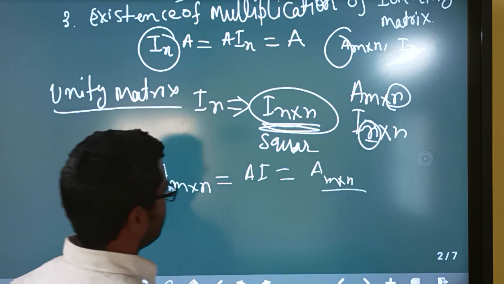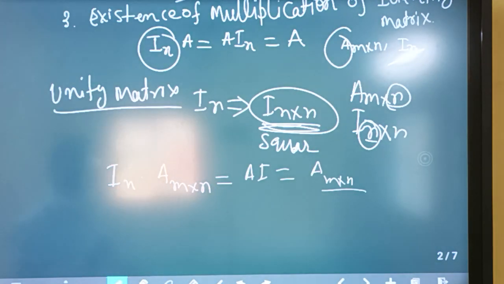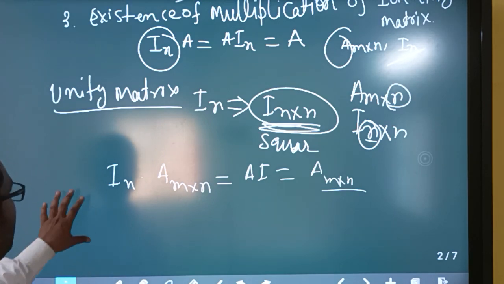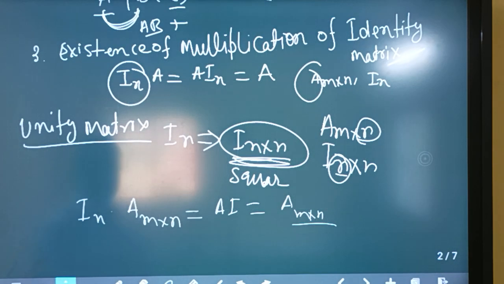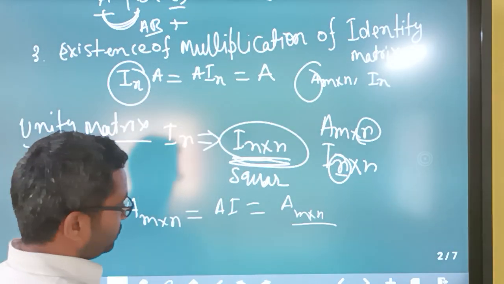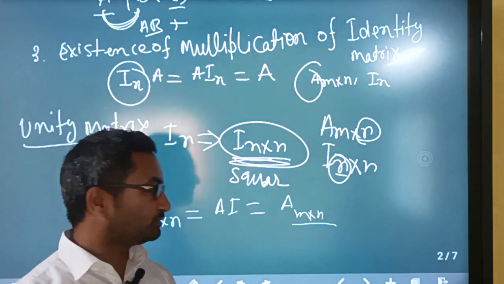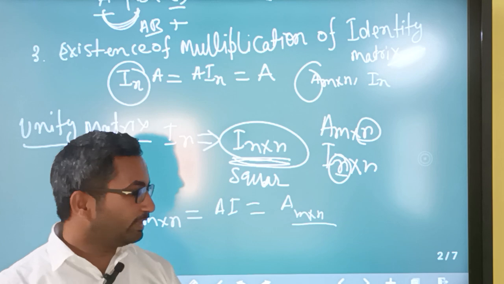The order will be the same. There is no change in the order when multiplying any matrix with the identity matrix. This is the property of multiplication of matrices. That is what we will discuss next.